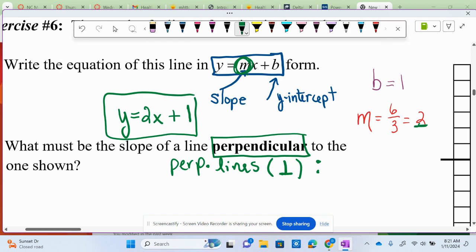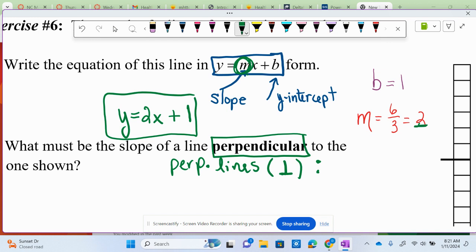Kind of. It's almost opposite. That's one of the words. What do perpendicular lines do? They intersect. What shape do they make when they intersect? Like when they intersect, what do they make? An L. Okay. What else? What do you know about this point right here where my elbow and my hand meet?